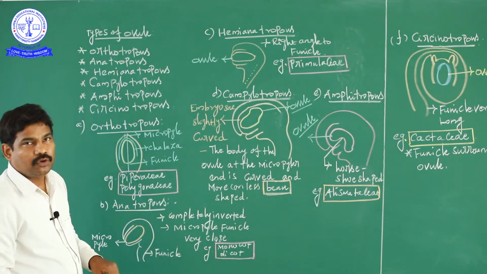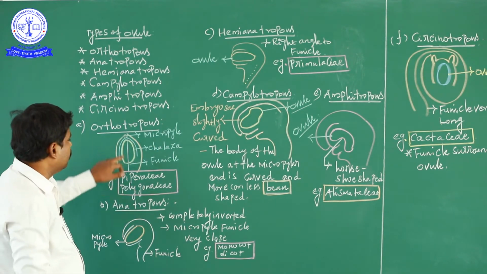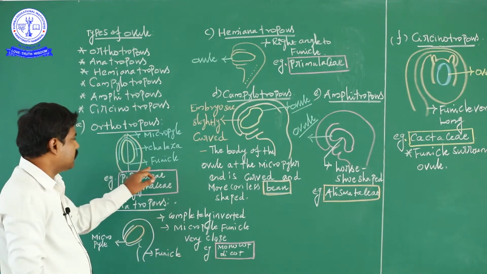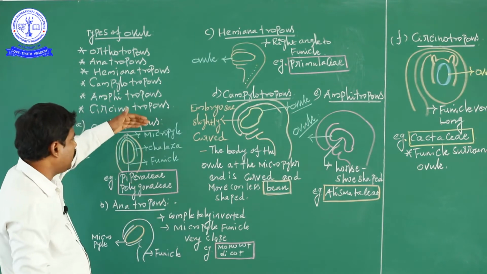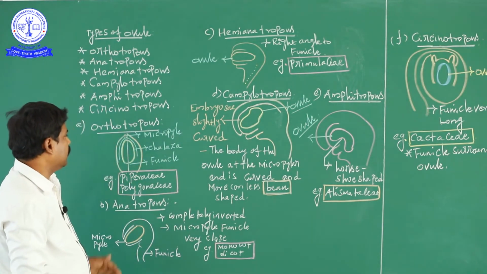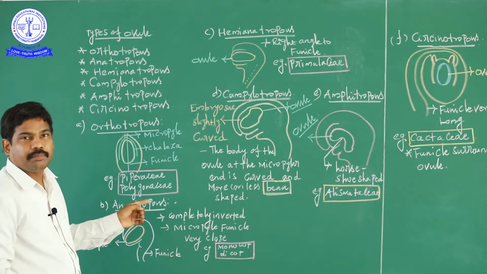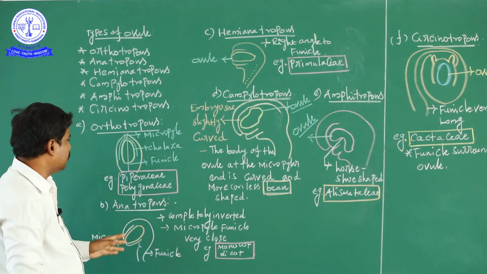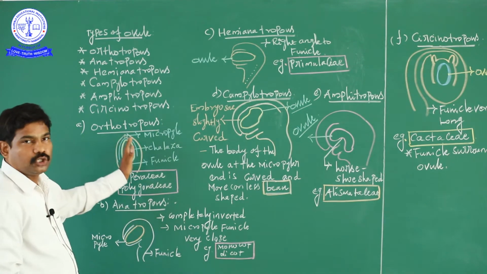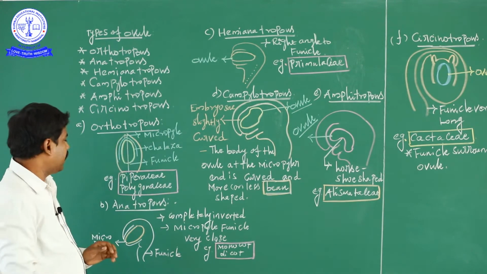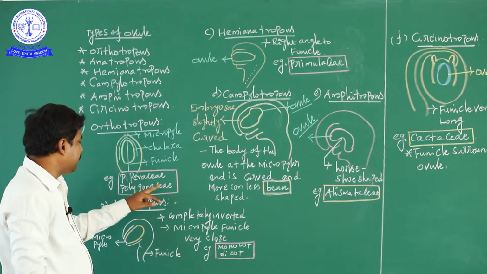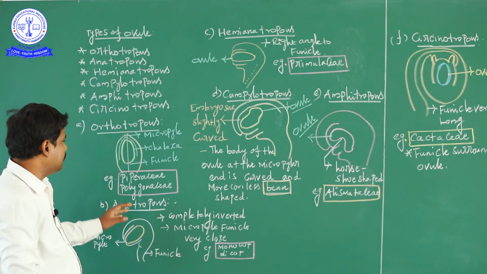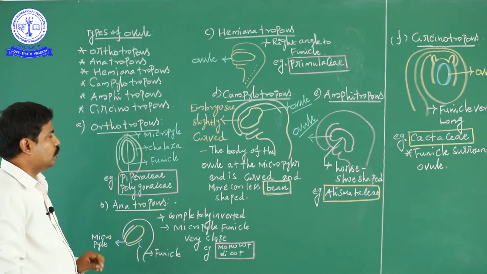Below that is the chalaza region, and lower down is the funicle. Micropyle, chalaza, and funicle are present in a straight line. That is called the orthotropous ovule. The best examples are Piperaceae and Polygonaceae.